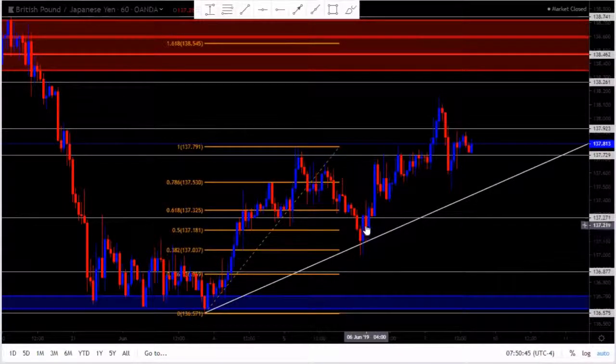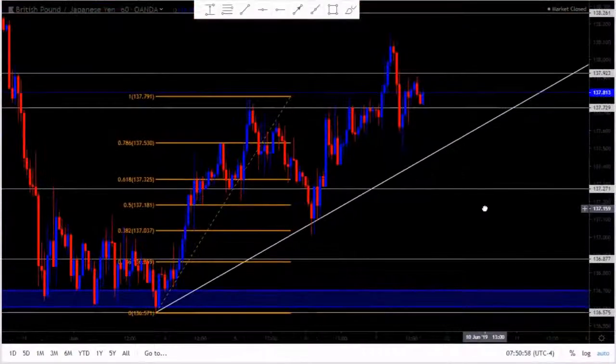Remember that two touches to the zone, 1, 2, identifies that it's a trend. 3 touches is a confirmation. The 4th touch, you have to wait and sit and figure out what the next move is, because that can potentially be a breakout.